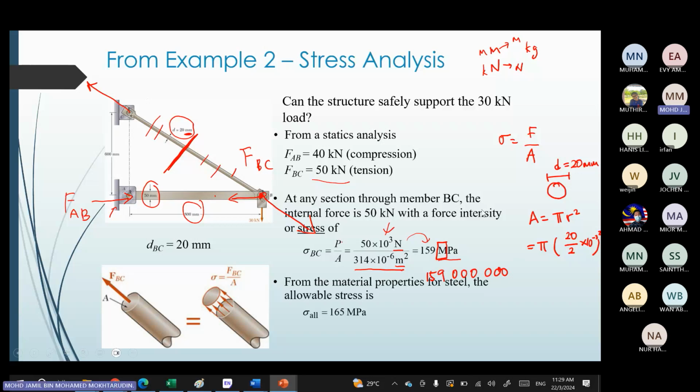And then for the second one, let's say you are given the material of the rod. It is made of steel, for example. Let's say for steel, you are given that the allowable stress for steel is 165 megapascal. Okay, this is given. So you compare your calculation with the properties of the material.